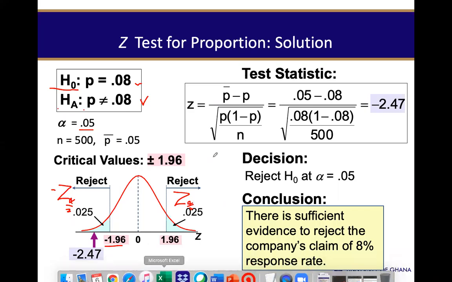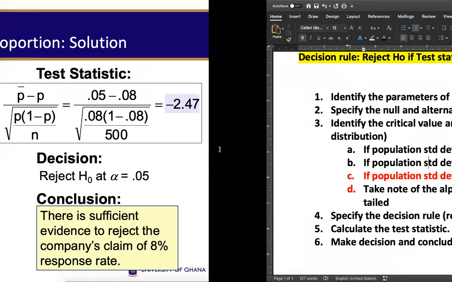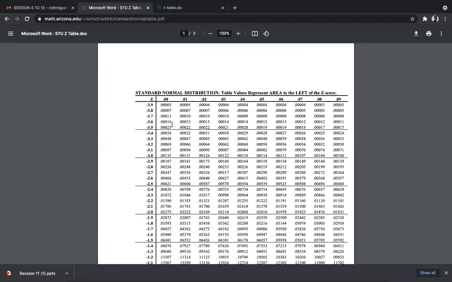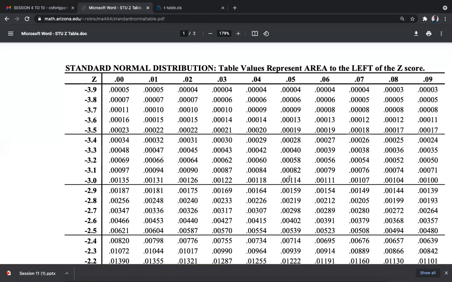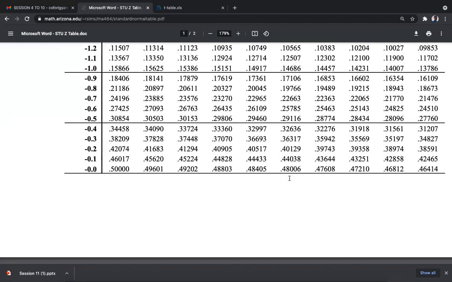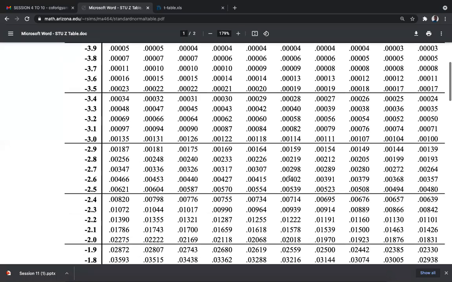And if you would look into the normal distribution table, we are looking for either 0.025, or on the right side we are looking for 0.975. It's easier to look for 0.025.